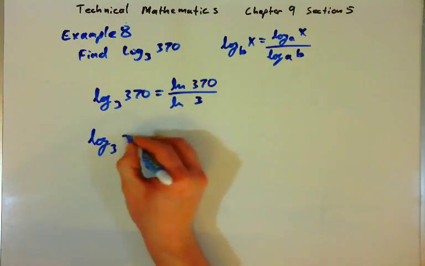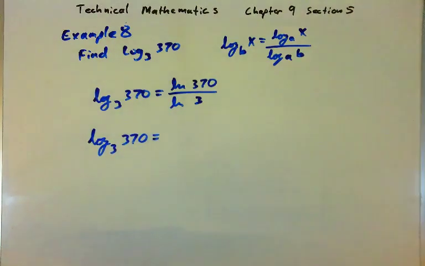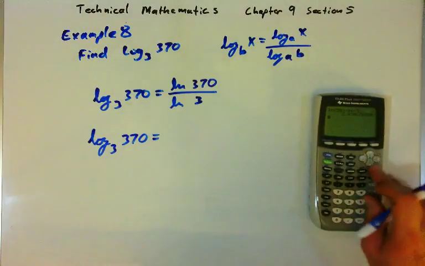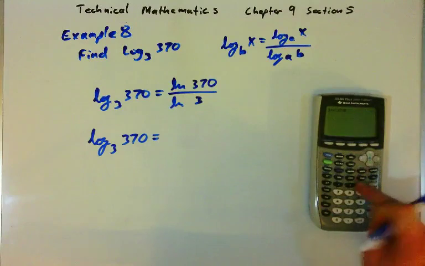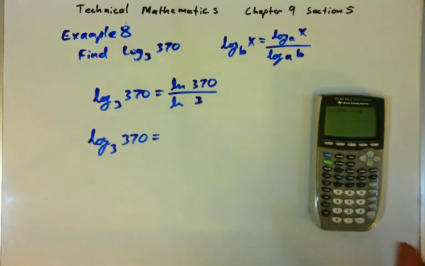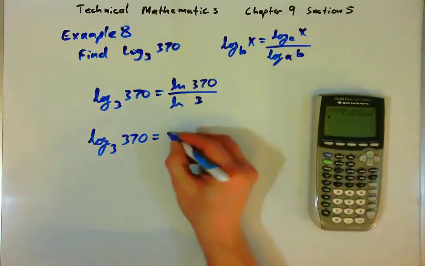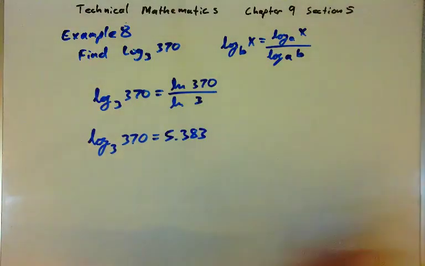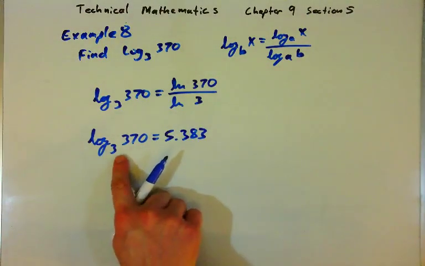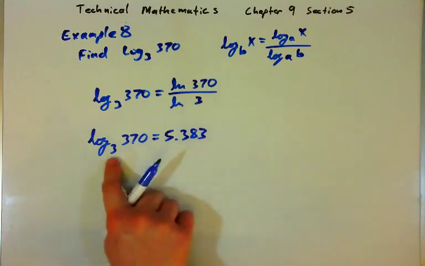So log base 3 of 370 will be equal to, and now I can use my calculator, because I have a natural log button, natural log of 370, close parentheses, divided by natural log of 3, close parentheses, and the answer is 5.383. We can check our answer, because I can rewrite this as an exponential now.